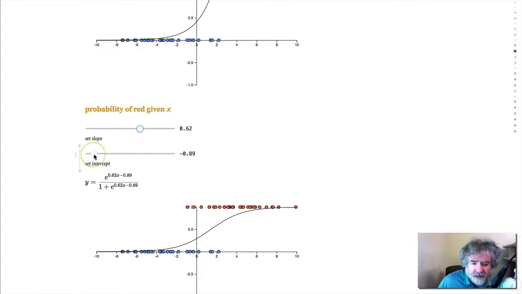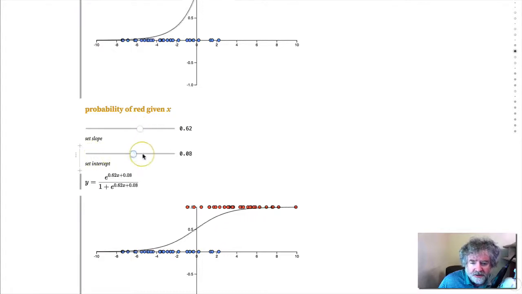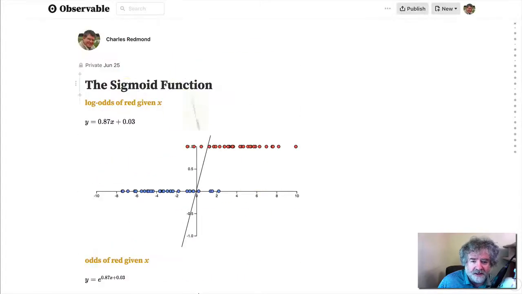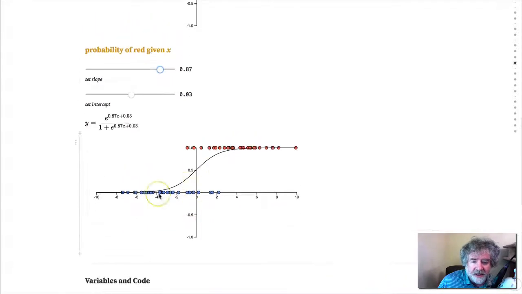And you can see now it's a little easier to see that we're trying to fit this new curve, right? And this is called a sigmoid function. That's why that's the title there, because it has an S shape. And you can see we're trying to fit this sigmoid function to the points that we have.